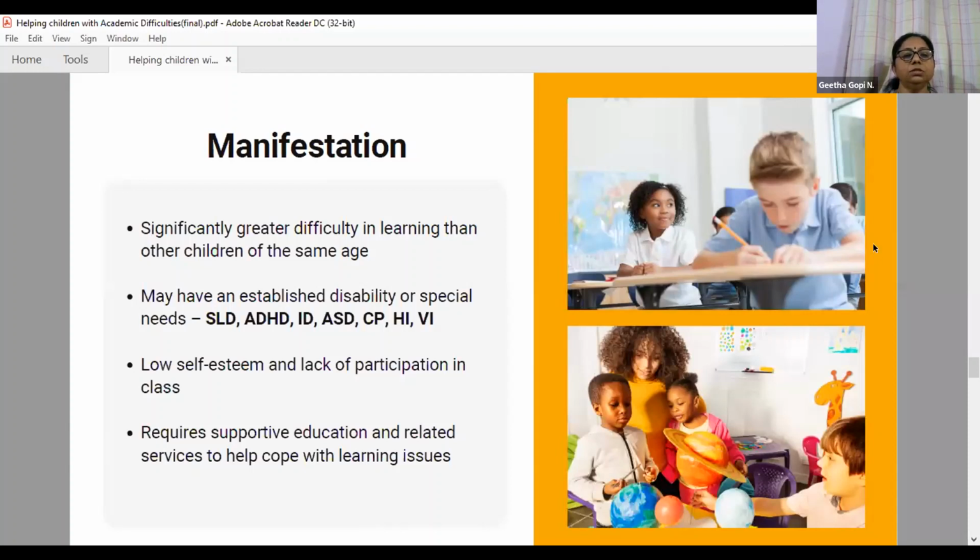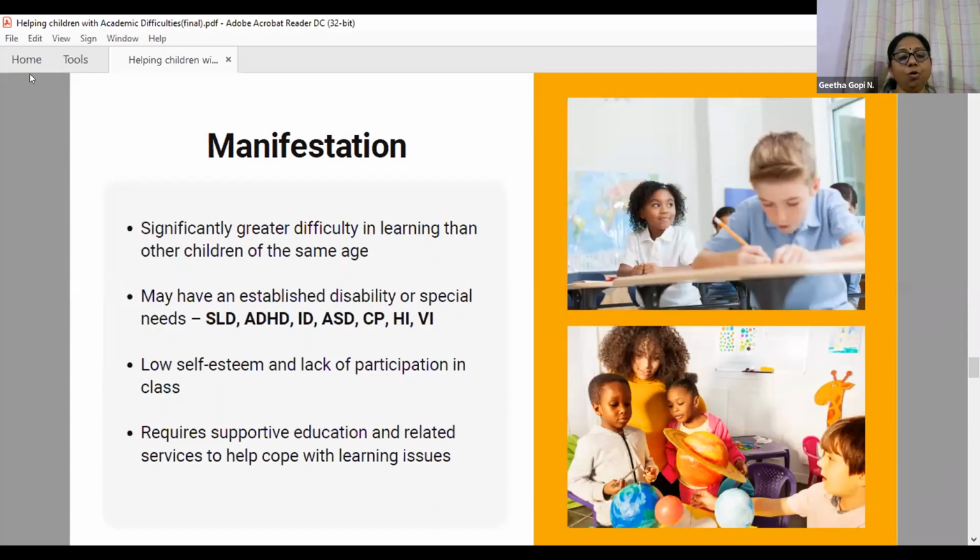They also show low self-esteem and lack of participation in class. Because they have difficulty learning on par with their peer group, this causes a feeling of learned helplessness, and many of them are not confident enough, so they try to shy away from taking active participation in classroom activities.